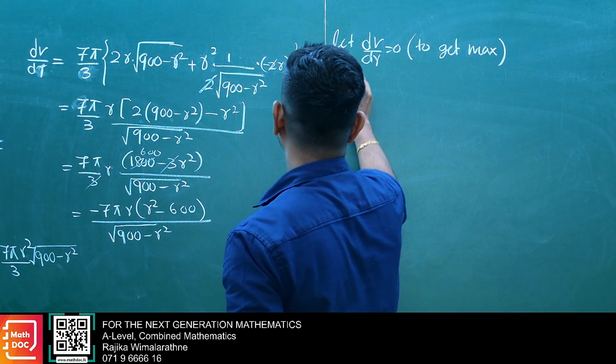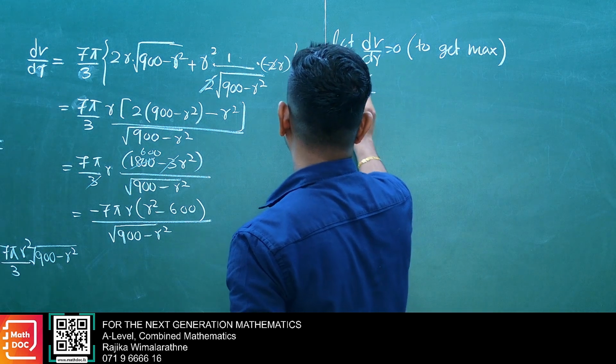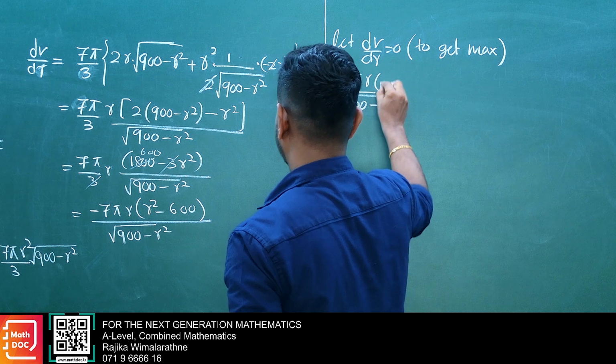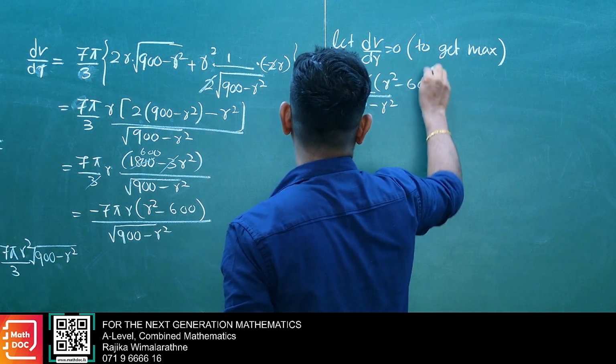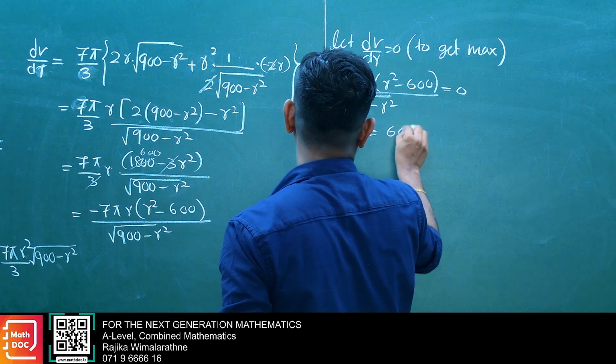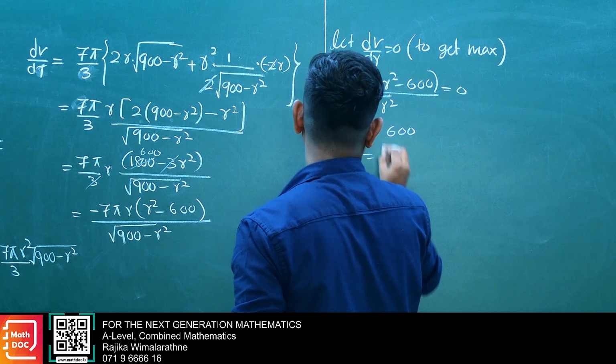Then minus 7 pi r over the square root of 900 minus r squared, times (r squared minus 600) equals 0. Then r squared equals 600, r equals 10 root 6.